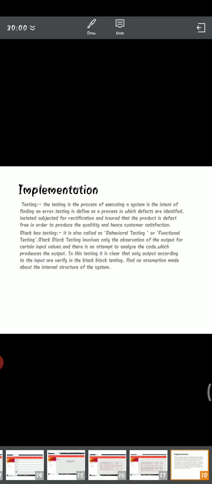It involves only observation of the output for certain input values, with no attempt to analyze the code which produces the output. Only the output according to the input is verified, and assumptions are made about the internal structure of the system.